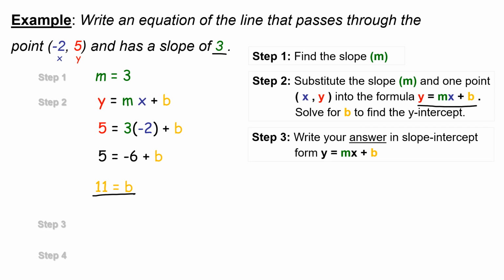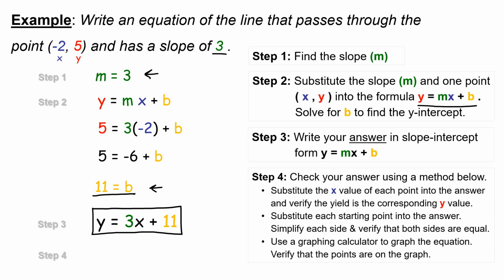Next step, write your answer in slope-intercept form, y equals mx plus b. So we pull two things. We need the slope, which is right here, and we need the y-intercept. And that's our answer, y equals 3x plus 11. And you can go ahead and box that so that it's clear that that's the final answer.